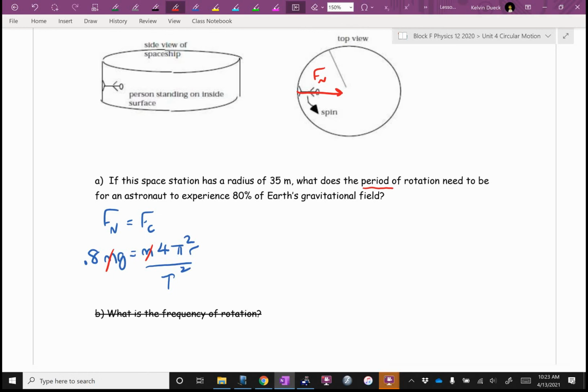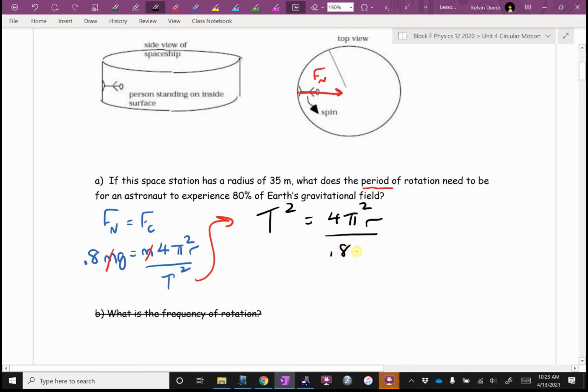Let's times it to the top on the other side, and let's move the 0.8 g to the bottom. T squared equals 4 pi squared r over 0.8 g. Oh, T squared? How do you get rid of a squared?